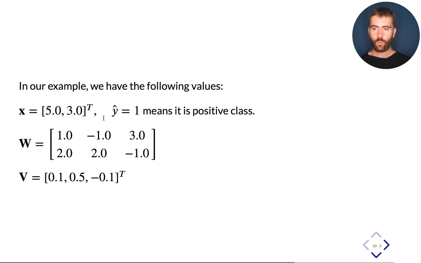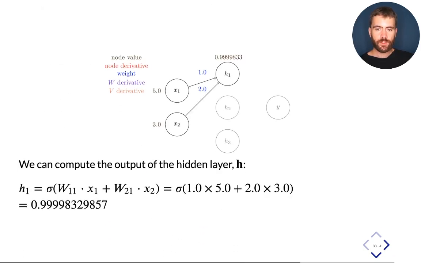Now let's work through what this would give us. I'm going to use a few colors here. Blue will denote the weights, and black denotes the values of the nodes. So I have here my inputs 5 and 3, and I want to compute the output of this neuron.